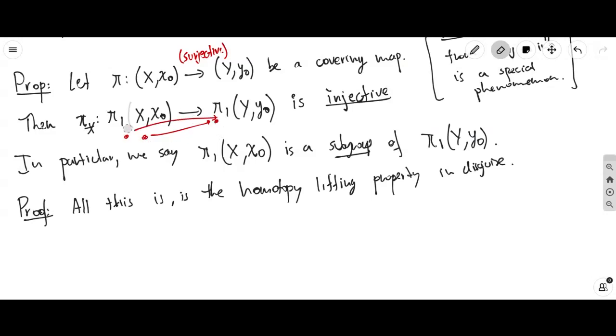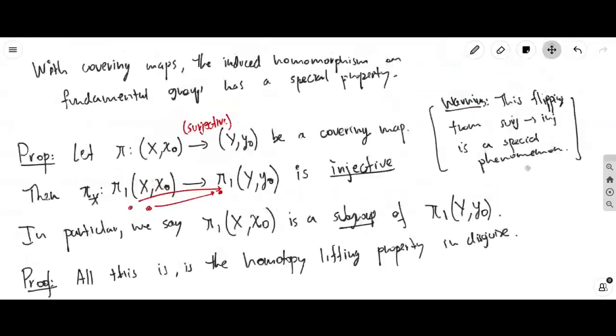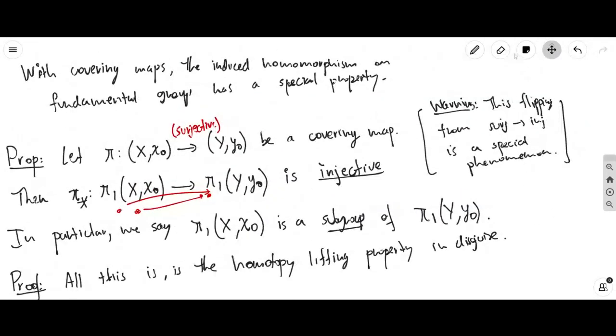You're saying that the two loops, when you project them into Y, into the base space, are the same. The same means there's a homotopy between them. But that homotopy will then lift into a homotopy between them in the covering space. So that means they have to be the same in the beginning. So this is what I wanted to finish with, basically, that the covering map induces an injection on fundamental groups.